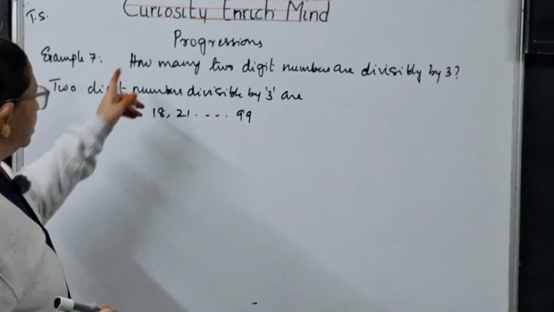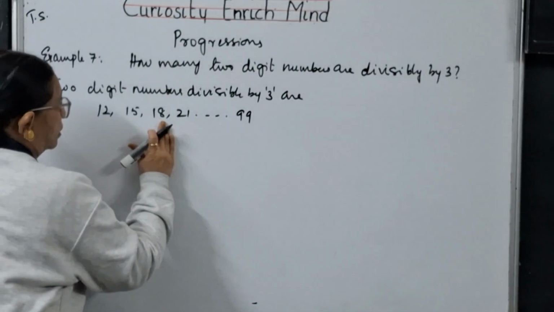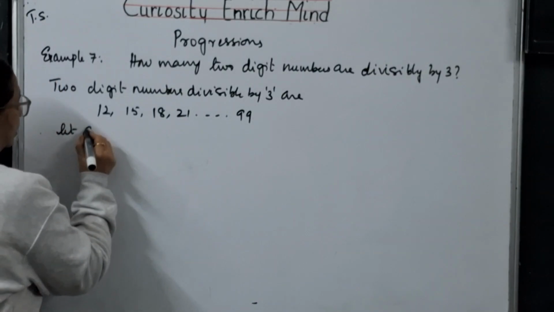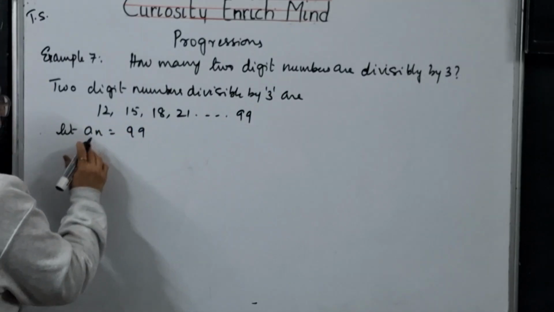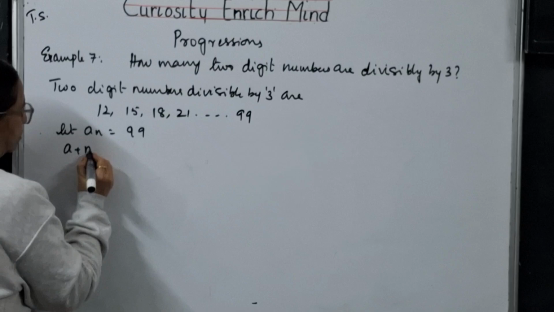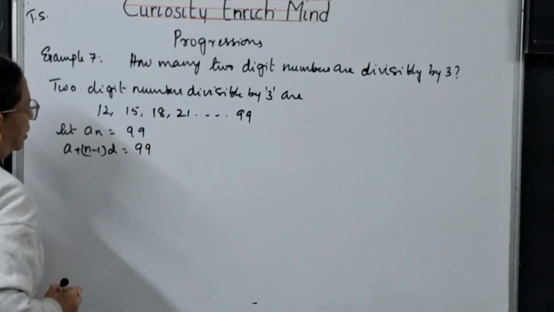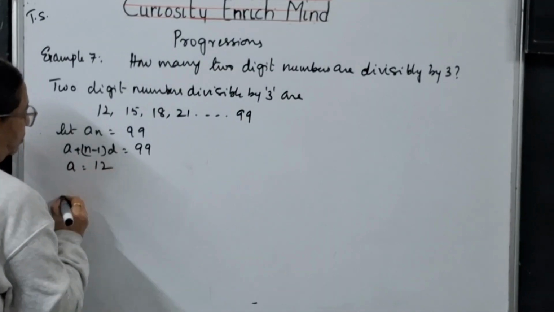Now the question is, how many numbers are there? N value, how many are there? These numbers we have to count. So let us suppose that an is equal to 99. An means a plus n minus 1 into d is equal to 99. Now in this case, what is A? A is 12.